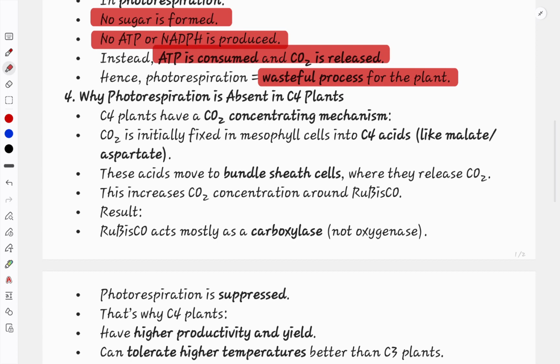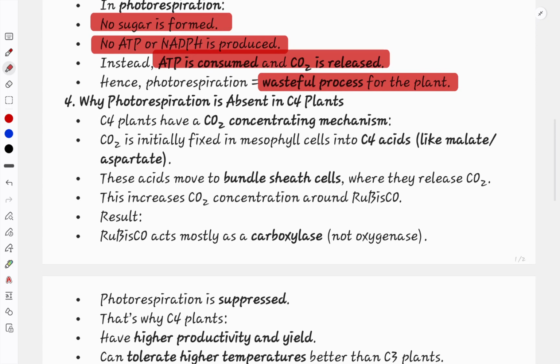Now here's the question: why does the C2 cycle, or you can say photorespiration, occur in only C3 plants, not in C4 plants? Here are some reasons. C4 plants have a CO2 concentrating mechanism.